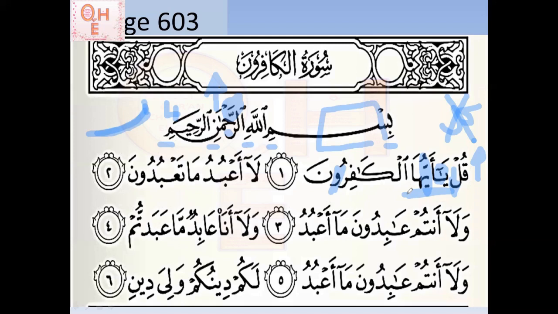One of the mistakes I heard, الكافرون. This is too long. It's just the length of it when you hit the articulation point, and that's it. الكافرون. That's it. Because this is بيني length. Okay?